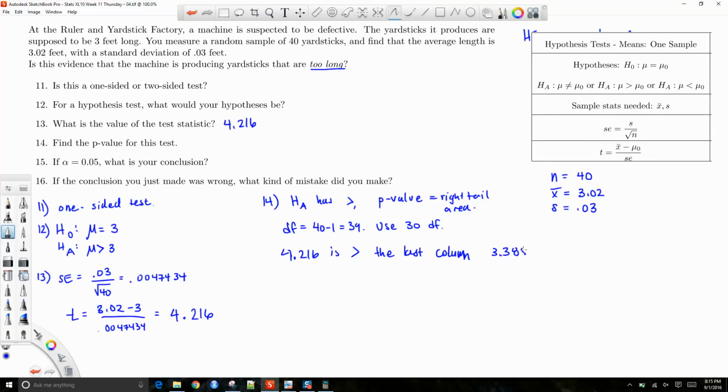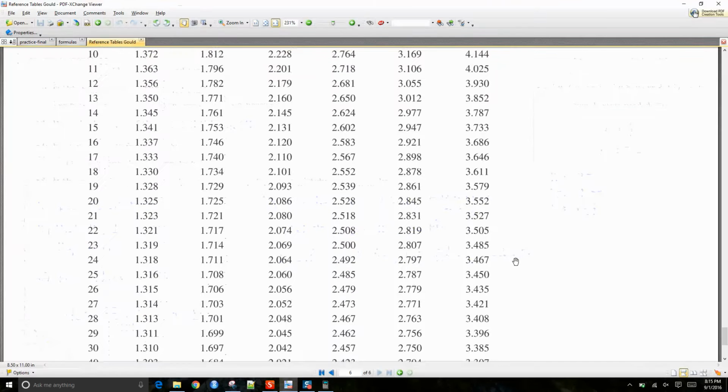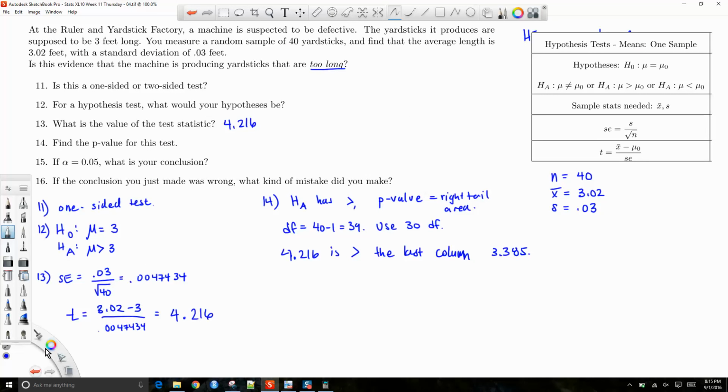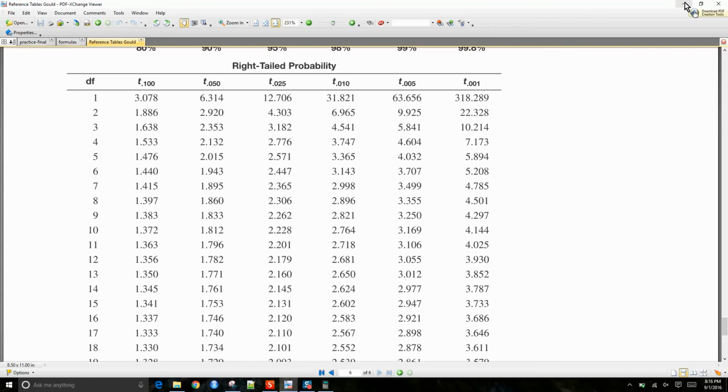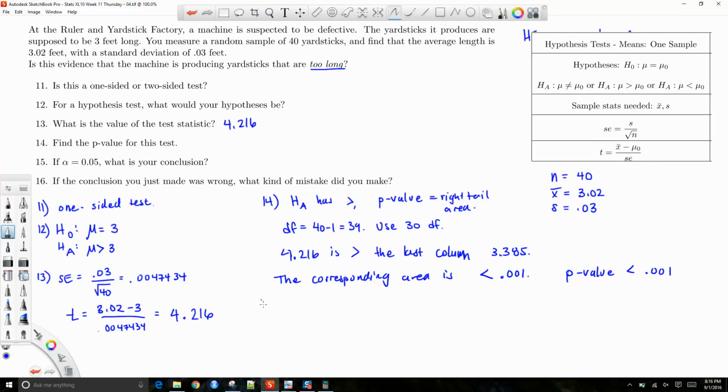What this means is that the corresponding right tail area, which is our p-value, is less than 0.001. We don't have an exact value, but we go to that column heading, and it's 0.001, so our p-value is less than that.